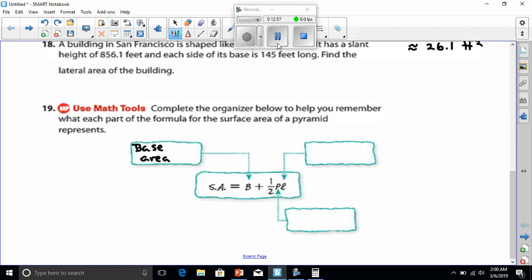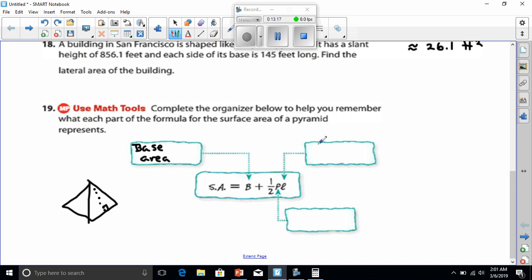Next, we have the L, and remember that L is the slant height, the height coming slanted down from the top to 90 degrees to the bottom.